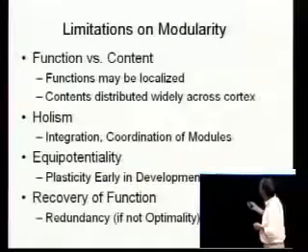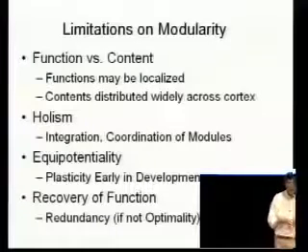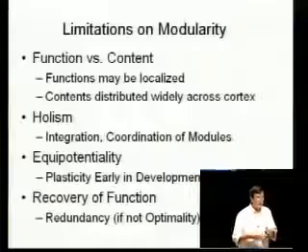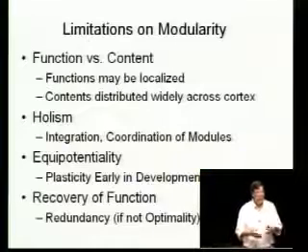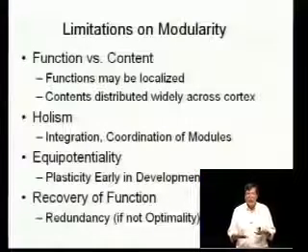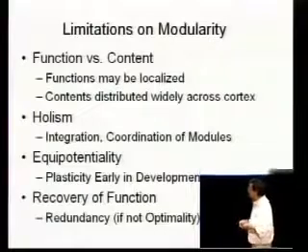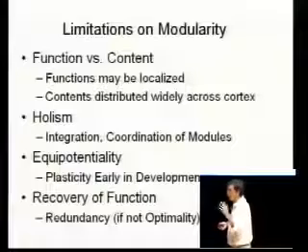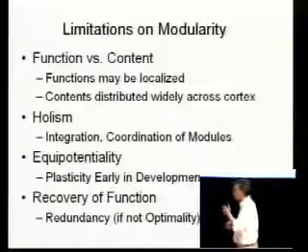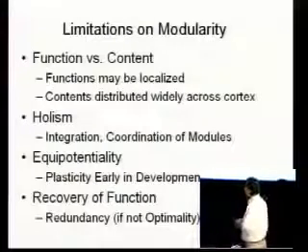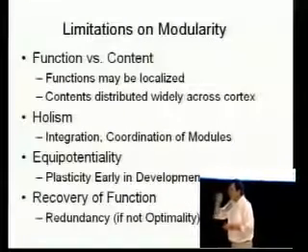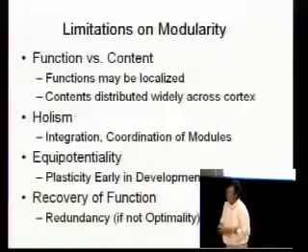The first thing we want to do is to distinguish between psychological functions, various kinds of operations of the mind, and the contents to which these operations are applied. Mental functions, mathematical computations, perceiving speed, perceiving motion, all those kinds of things, may very well be localized, may be performed by particular pieces of the brain.